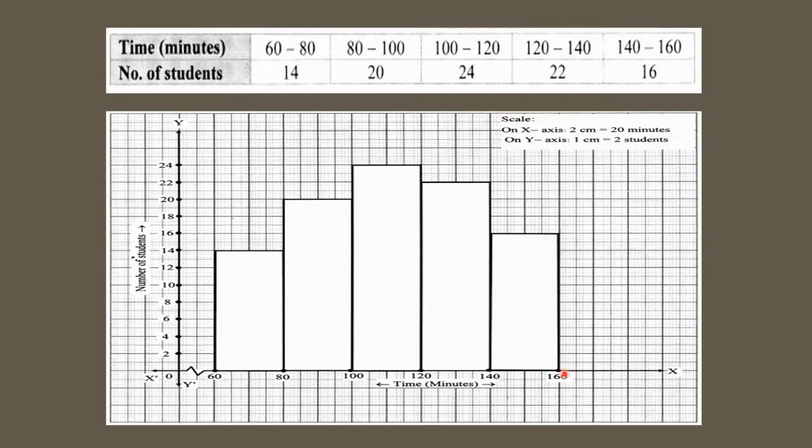And from 0 to 60 no observation is there. Therefore, put the kink mark between 0 and 60. And your scale on the x-axis is 2 centimeter equal to 20 minutes, and on the y-axis 1 centimeter is equal to 2 students. This is your histogram.